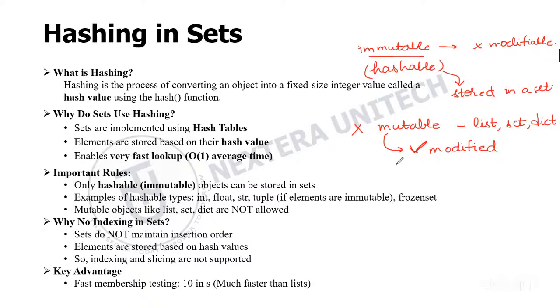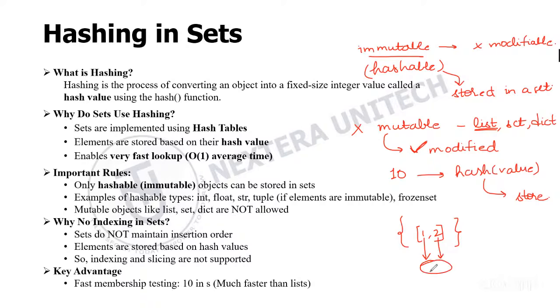But in a set, if you are storing some element, it will calculate the hash value, and based on that hash value only, it will store it. But if I store some mutable object like a list in my set, let's say initially it had 1, 2. It will calculate the hash values of 1 and 2, take the combination, and store it in that location.